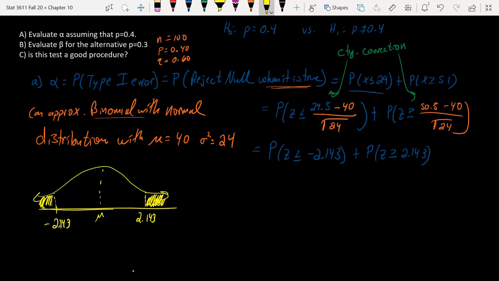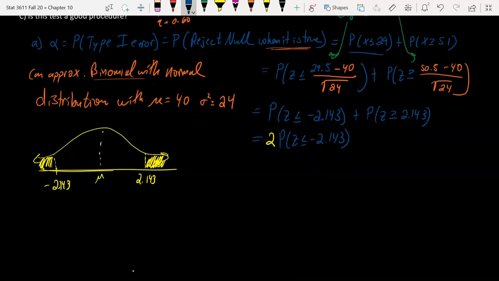And so this is going to be equal to twice. I only need to look one of these up in the table. Twice the probability that z is less than or equal to negative 2.143. Okay.